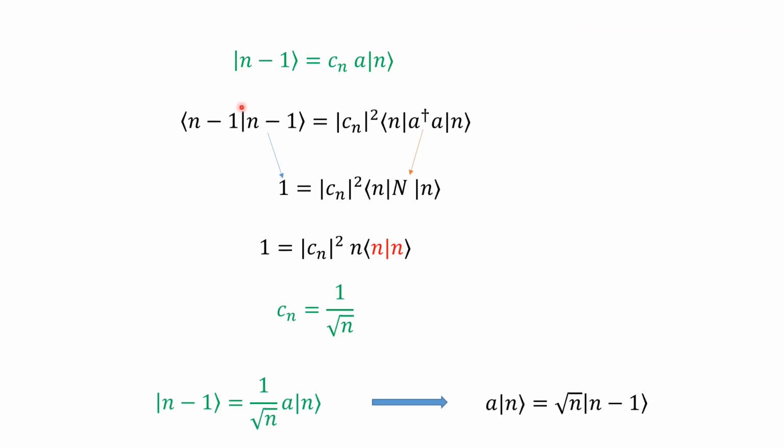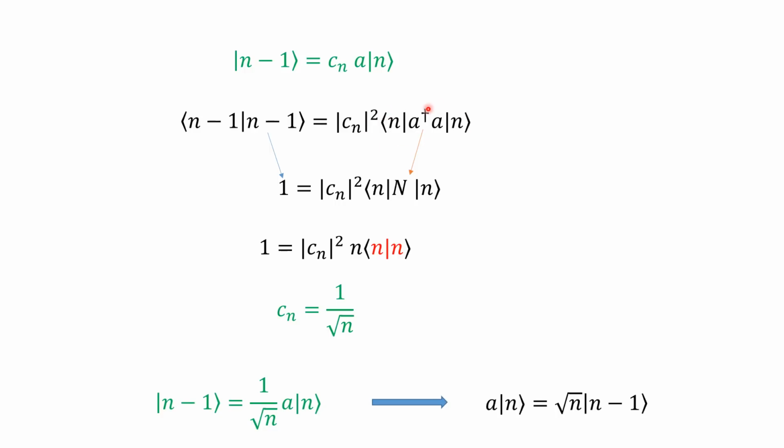Similarly, the ket n minus 1 can be written as Cn A n. A is the annihilation operator. So when A acts on n, you will get n minus 1. Just as in the previous case, you take the inner product of n minus 1 with n minus 1, which gives you 1.